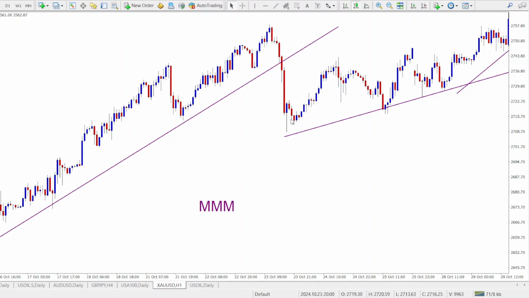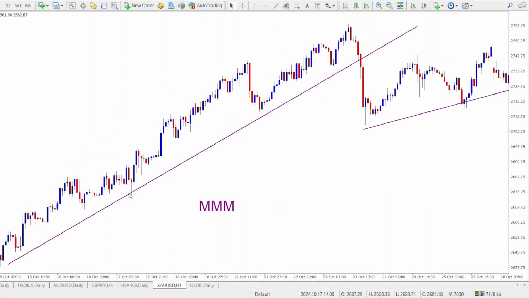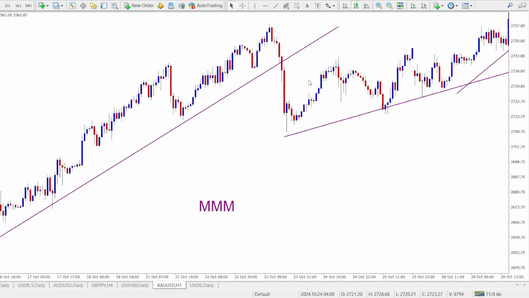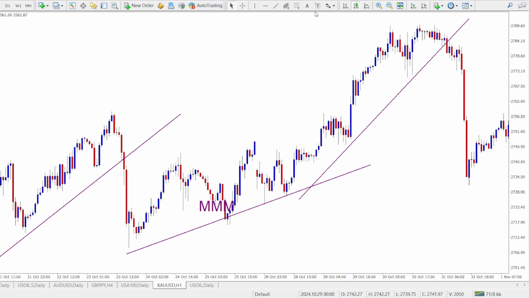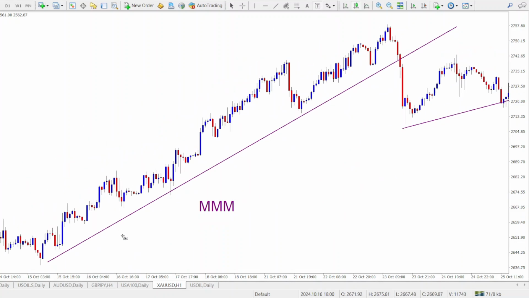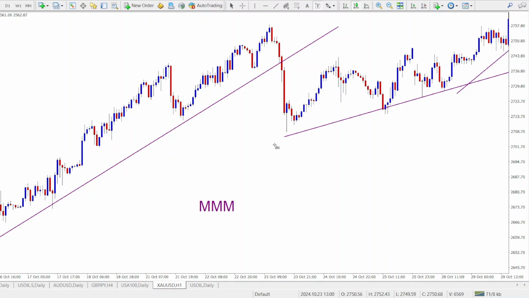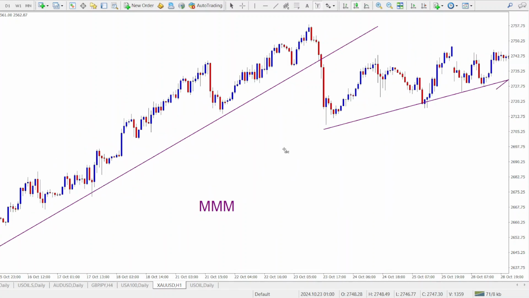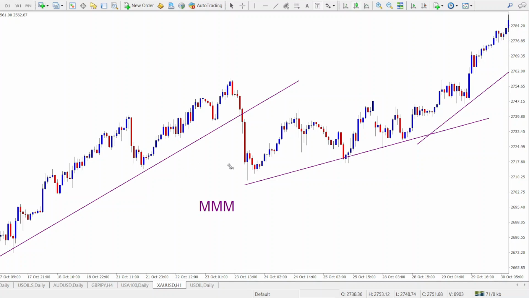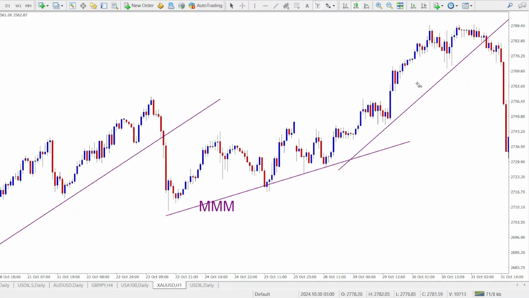For example, if the market makers have recognized a bullish trend, if we are in a bullish trend, let us assume that the market makers have already entered their positions, and perhaps they want to stack up more positions in the direction of the trend, and they want to get to this point.